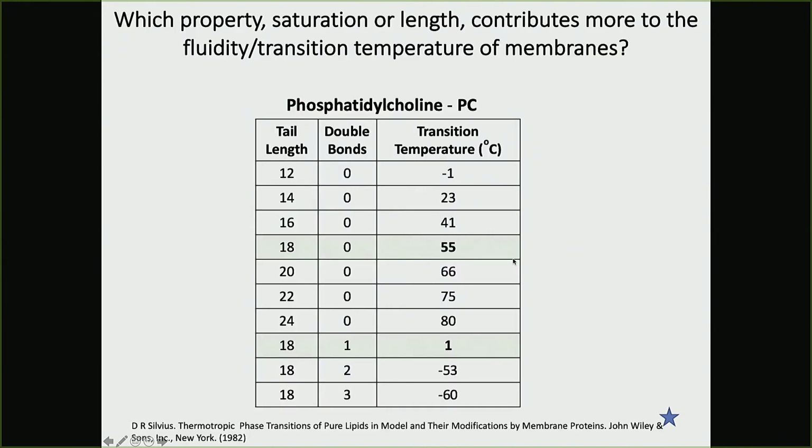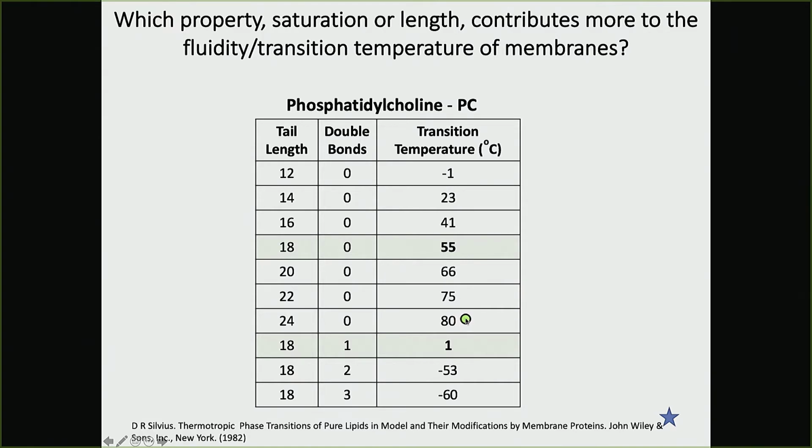Here is a classic experiment which shows you the length of a fatty acid tail. You can see the number of carbons, 12 all the way to 24, then 18. Right here, you can see that with zero double bonds, from 12 to 24, all of these are saturated fatty acids. Think about this: the transition temperature goes from -1 all the way up to 80 degrees.